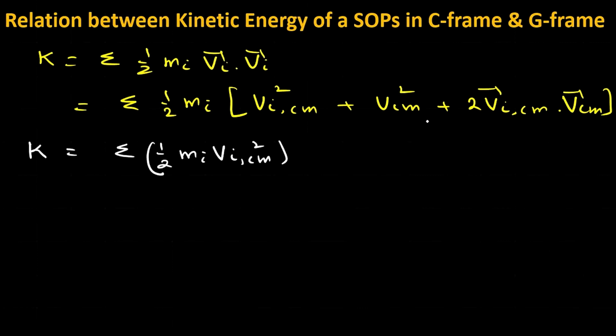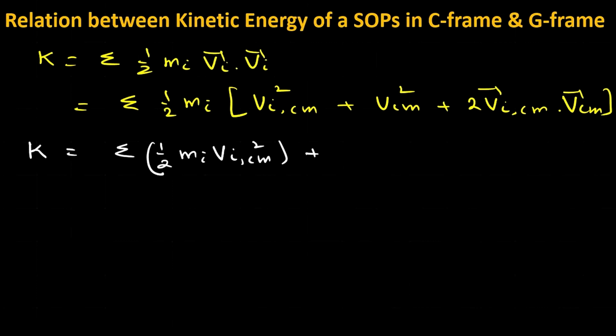In the second term, vcm is a constant for the whole system, so I can take vcm squared outside the summation. So for the second term, I am rearranging: I can take the half outside.